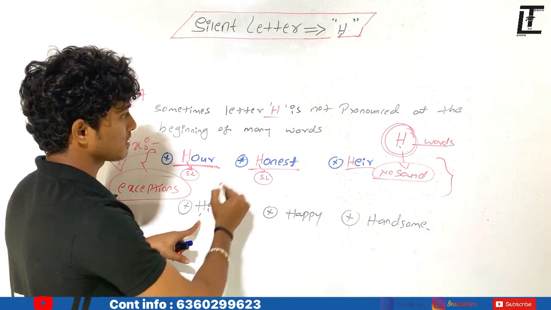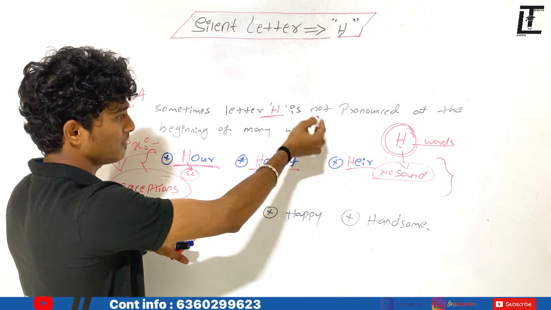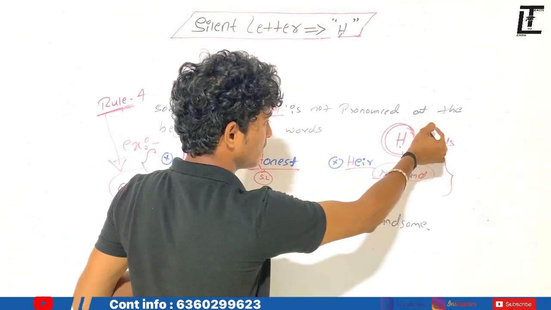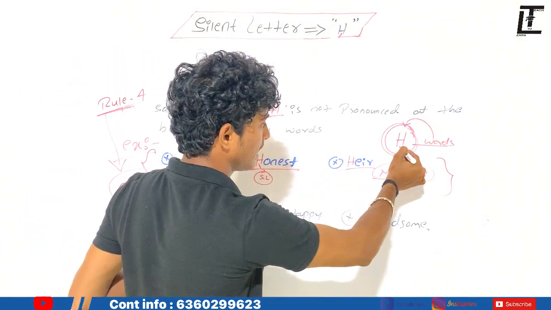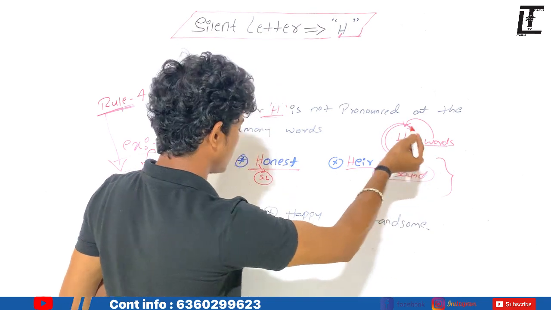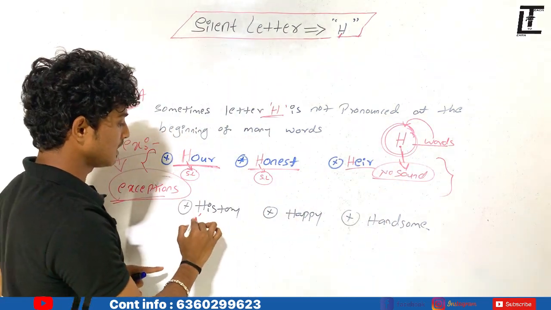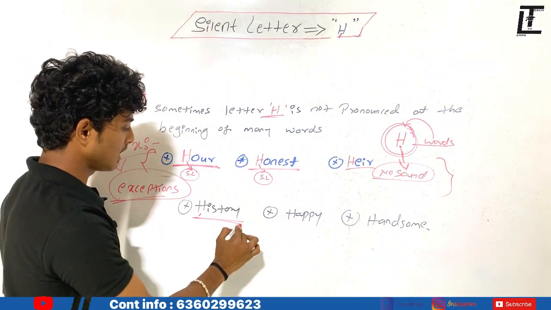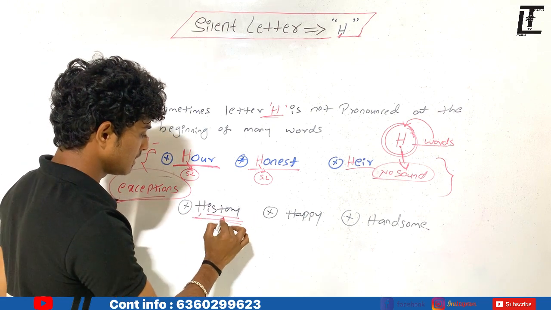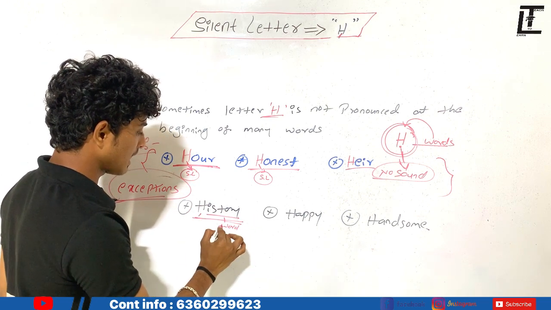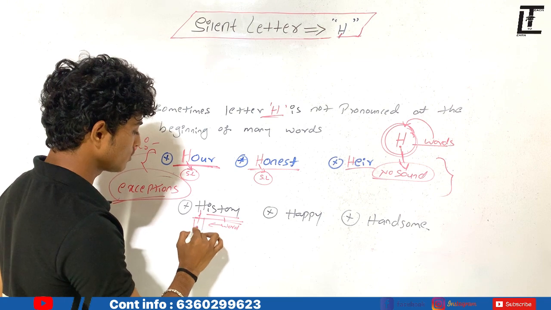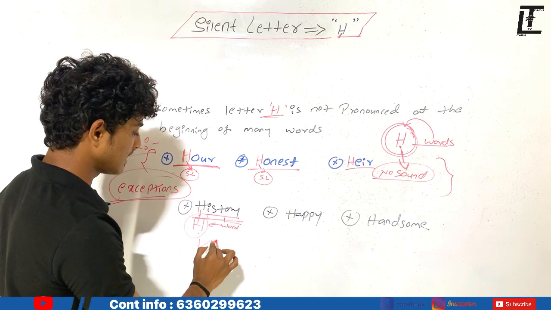Fine. So we studied that when any word or many words start with letter H, there should not be a sound of the letter H. But in exceptions, see, there is a word called history. This word starts with the letter H, but still the letter H has the sound.